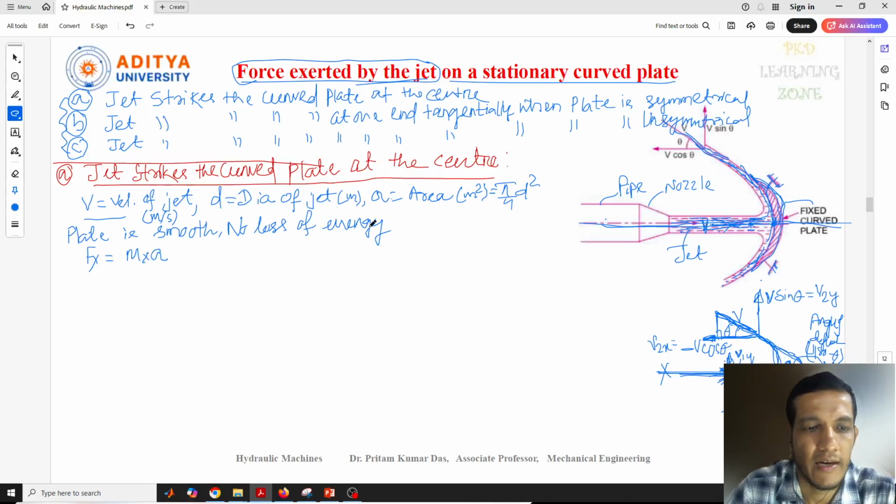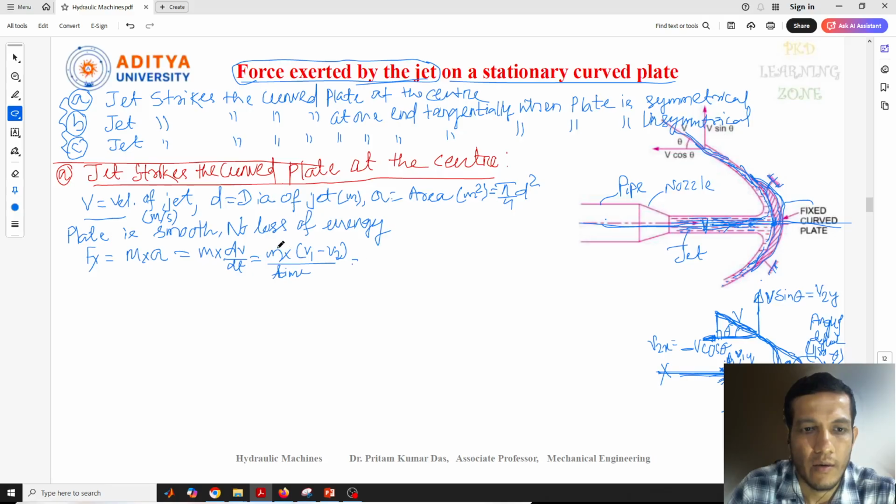Mass into acceleration equals mass into change in velocity by change in time. Change in velocity is V1 minus V2, initial velocity minus final velocity, and the change in time is the final time minus the initial time, which after differentiating we can write in terms of time only.